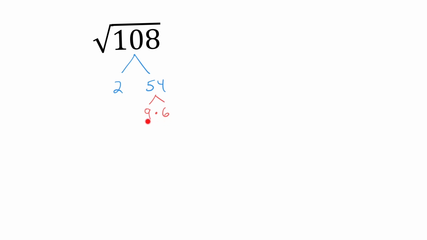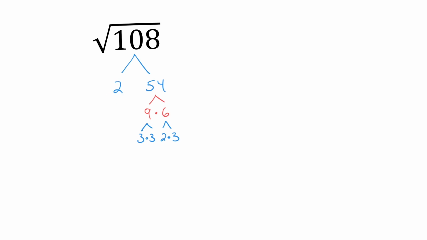These two numbers, 9 and 6, are not prime, so we're going to have to break them down. 9 you can break down by multiplying 3 times 3, and 6 you can multiply 2 times 3. So once you have those numbers, you have prime numbers. 2 and 3 are prime numbers because the only numbers that multiply to 3 are 1 times 3, and we just mentioned 1 times 2 is the only option you have to get 2.